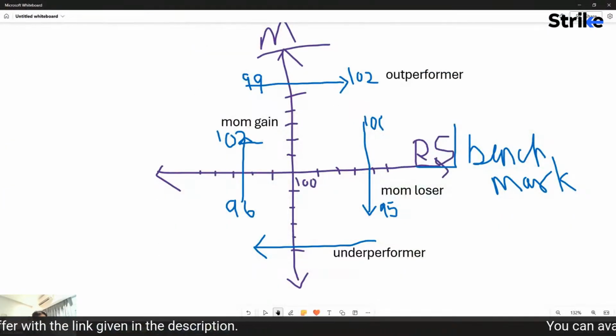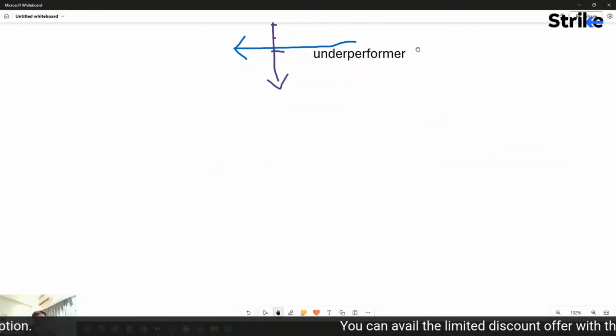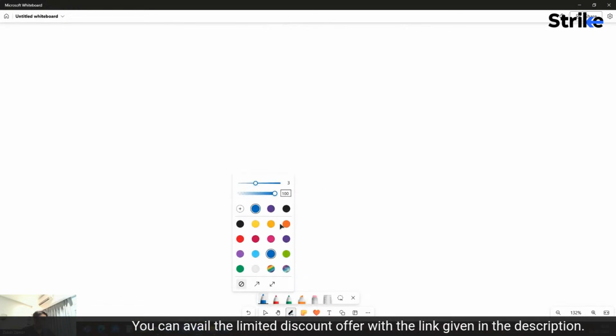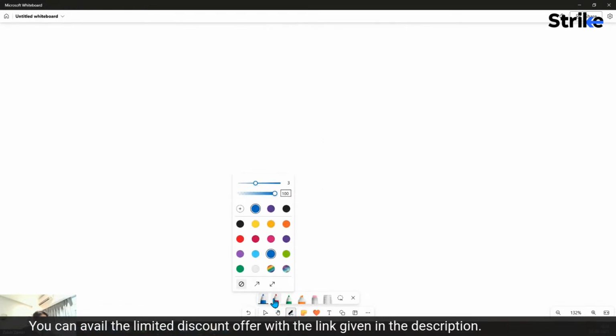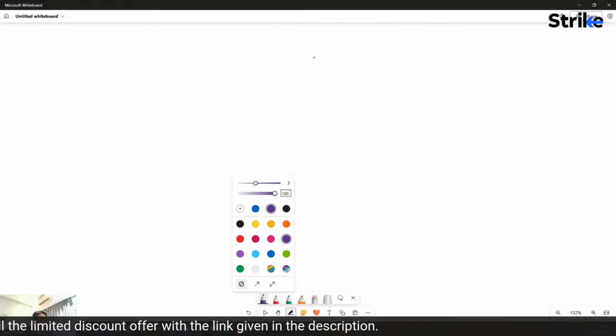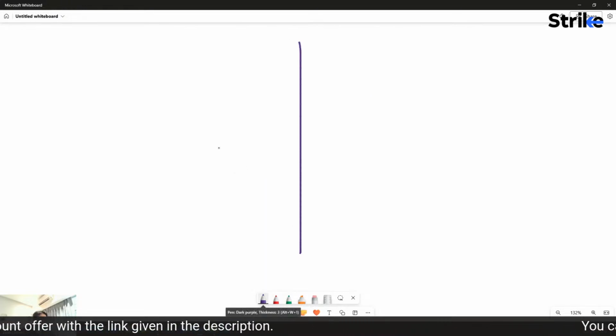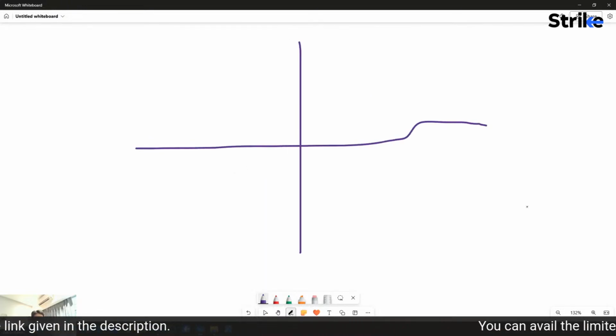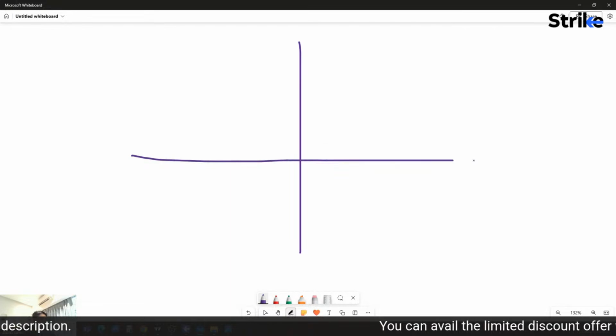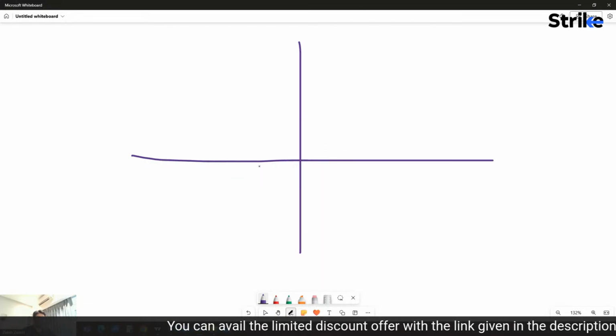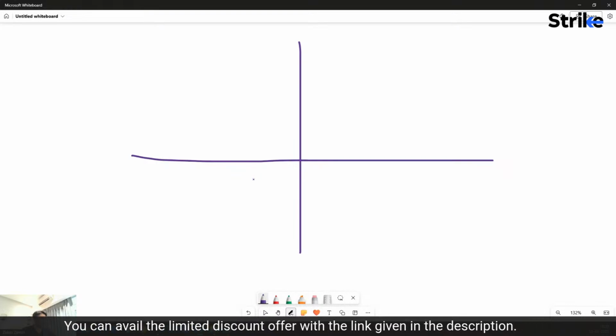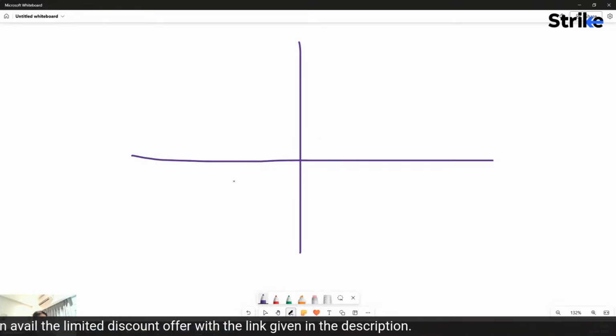All right. Let's suppose I tell you, okay, I'll draw a new one. Let's say this is the RRG. A particular stock or index RRG is something like this over here.